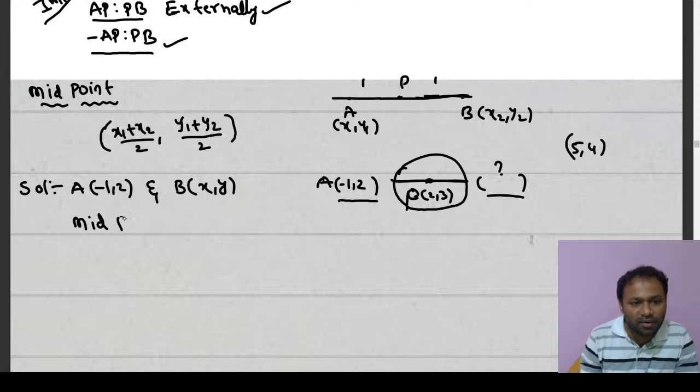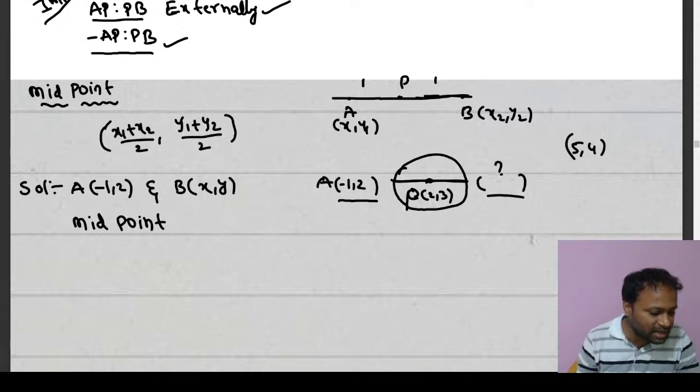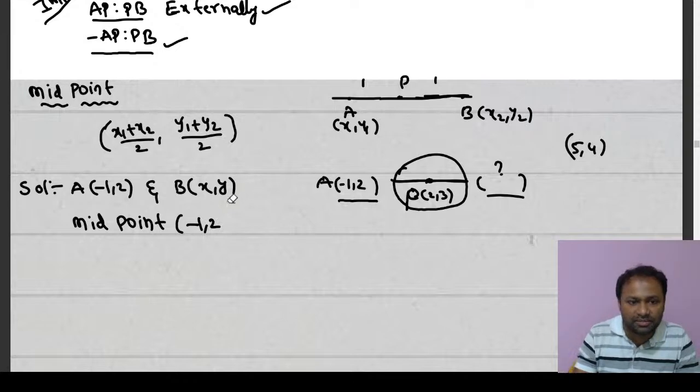Just to understand, I am explaining a little elaborately, so you can do direct steps also. Midpoint is the ordered pair 2 comma 3. We know the midpoint formula.